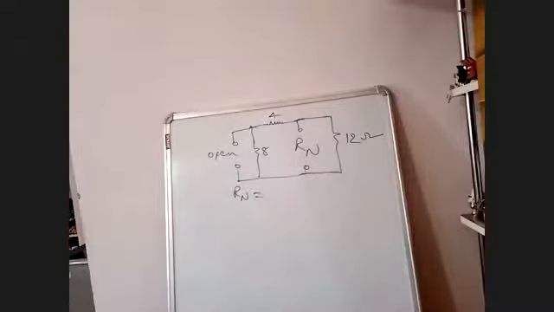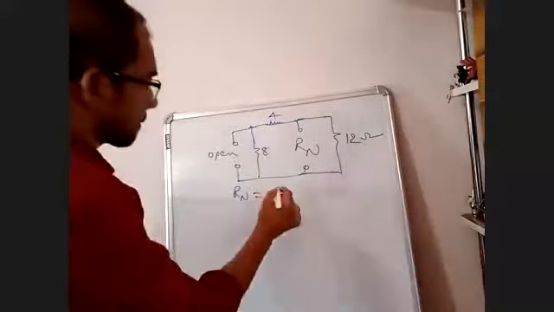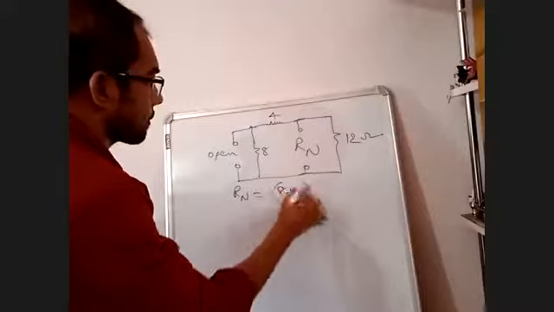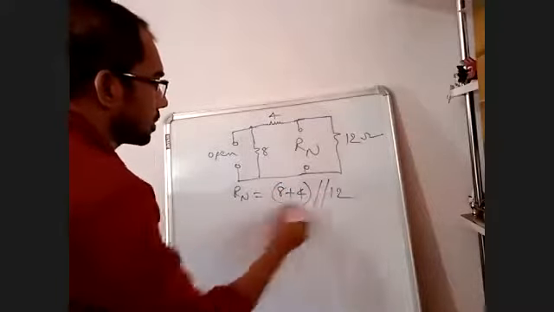Now tell me, what is RN? What about 8 and 4, how are they? In series or parallel? Series. 8 and 4 are in series, in parallel with 12.